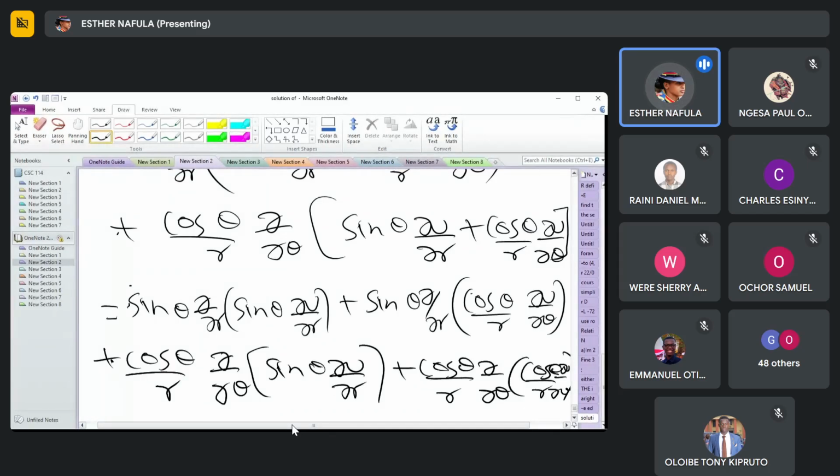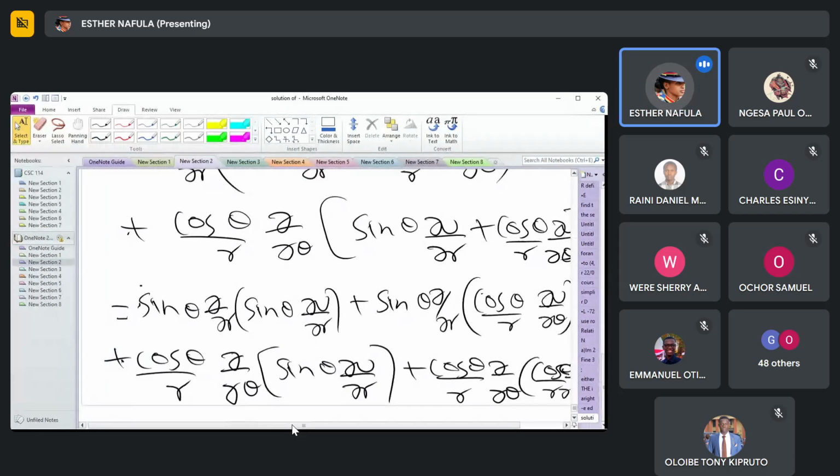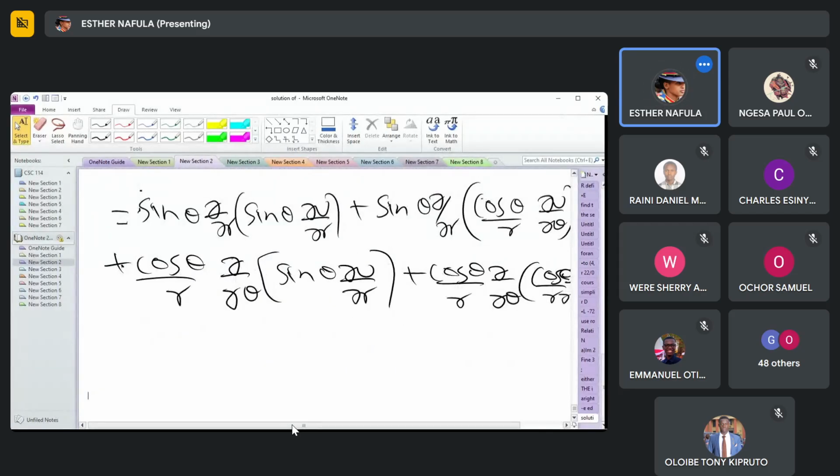So we now begin the process of factoring out whatever is constant before we apply the product rule. For the first bracket, it automatically simplifies to sine squared theta partial squared u partial r squared. Would we factor out as a constant from the second bracket?